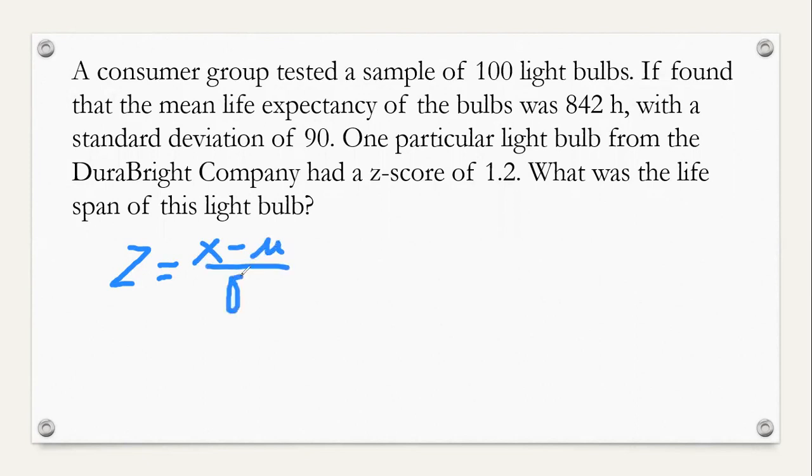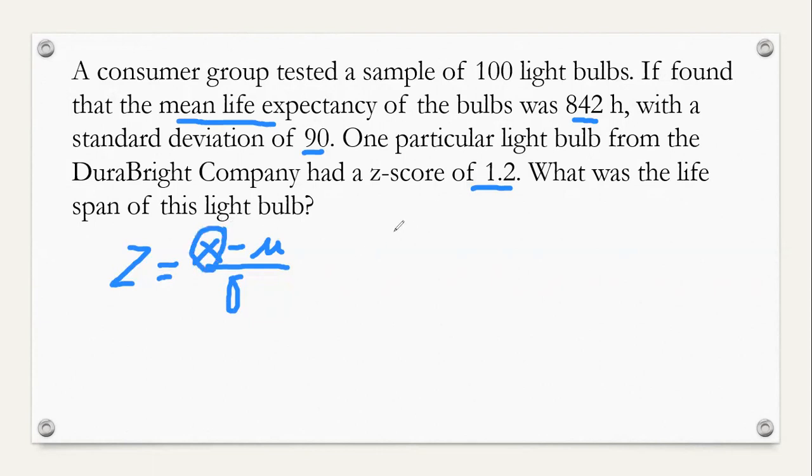And what is being asked here? Since we have the mean, which is the mu, 842, the standard deviation of 90, okay? The z-score of 1.2. So in order for us to answer what was the lifespan of this light bulb, X is being asked.